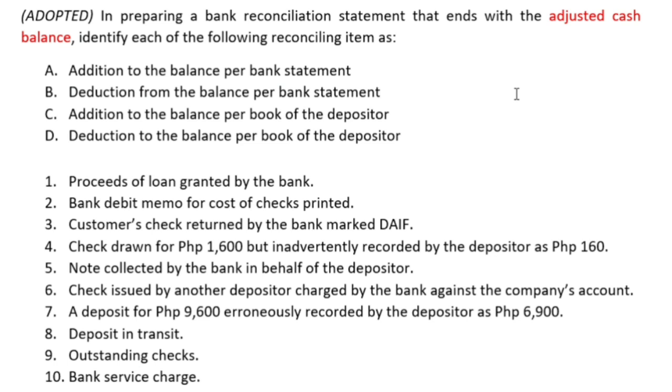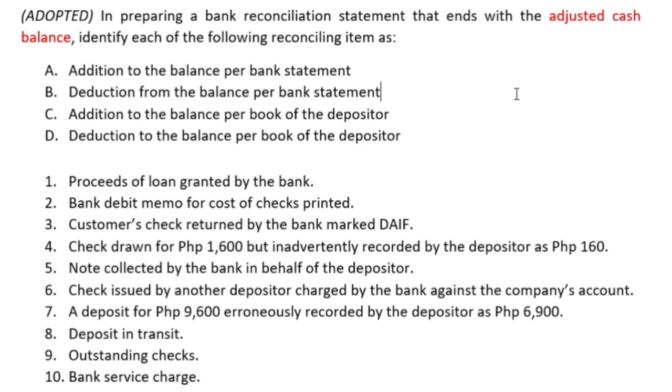Kasi when we are using the adjusted bank reconciliation, yung nasa bottom figure, equal naman yan. So regardless kung ano yung naming dyan, iisa lang naman ang pinupunto niyan, which is the correct balance of your cash account after you do the bank reconciliation.